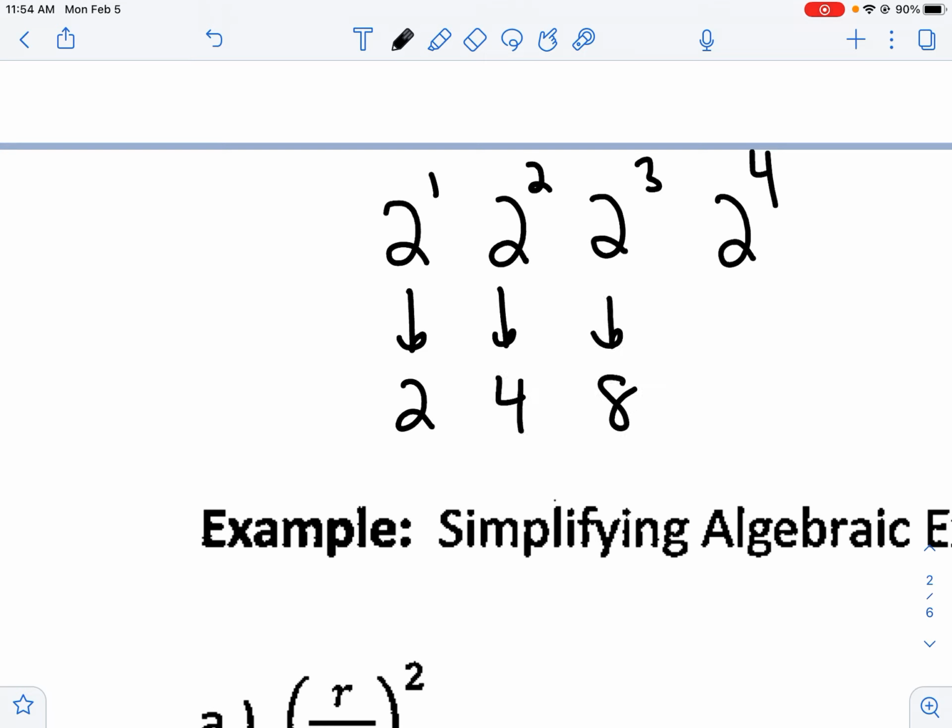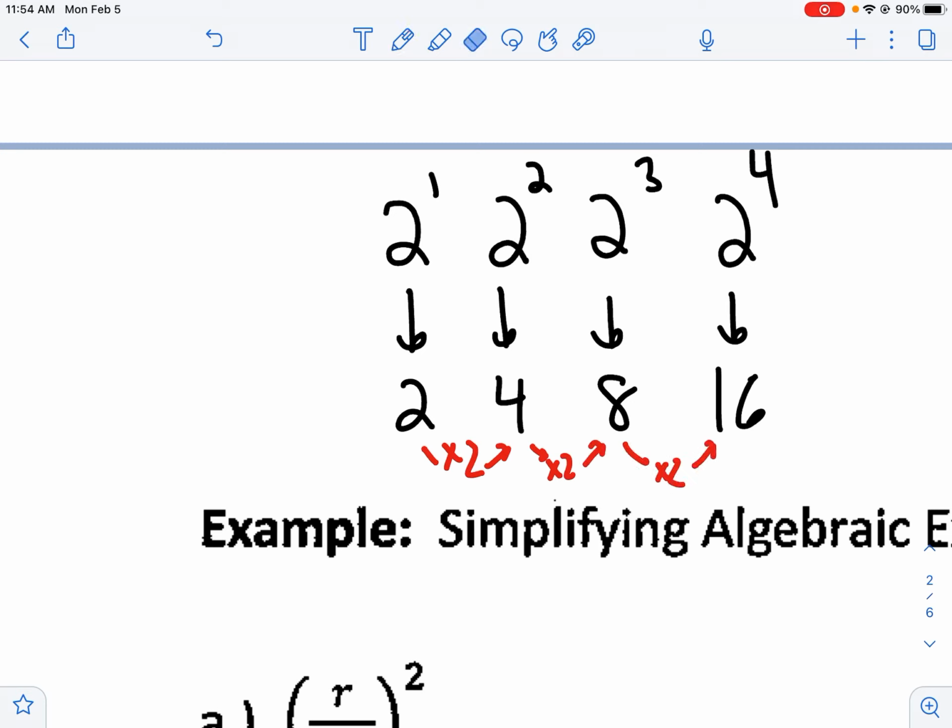Multiply it by another 2, you get 2 to the fourth, which is 16. Now you'll notice as you move from left to right, you're multiplying by 2, multiplying by 2, multiplying by 2. You see that?